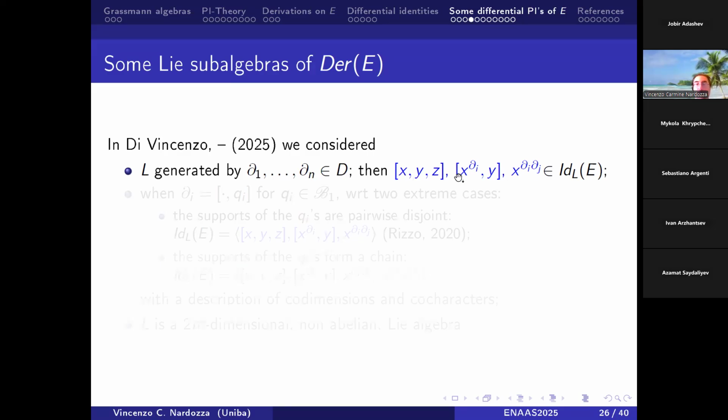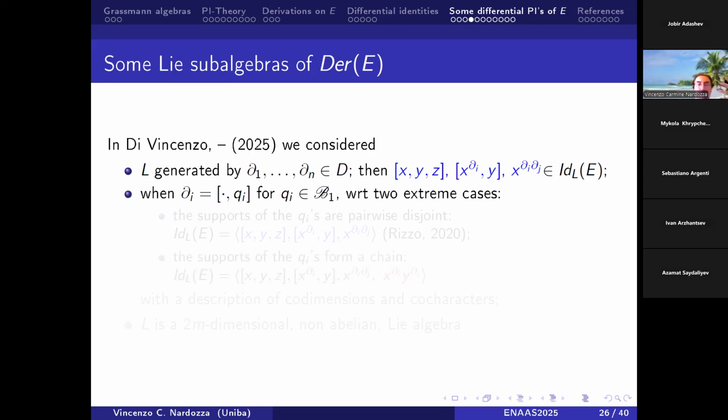Then we can say that all these three polynomials, very simple, are identities for E under the action of this generic L. We don't know all the identities because it depends on which derivations are explicitly fixed. But at least for sure, these are among the differential identities of E.